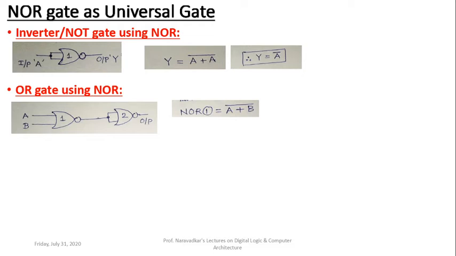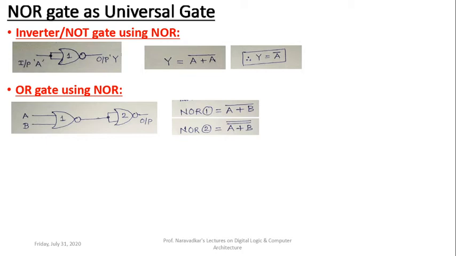Then this is the input for that second NOR gate which is functioning like an inverter. It means that for NOR gate 2, A plus B bar is the input. So the output will be once again inversion. So A plus B double bar.